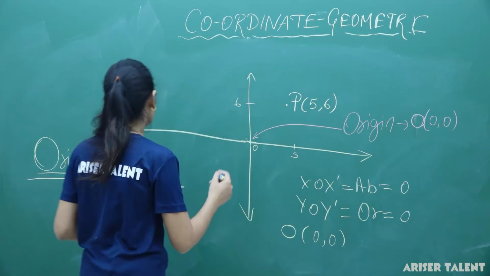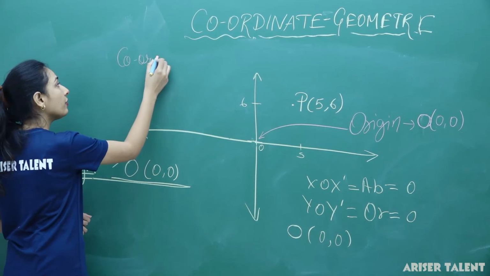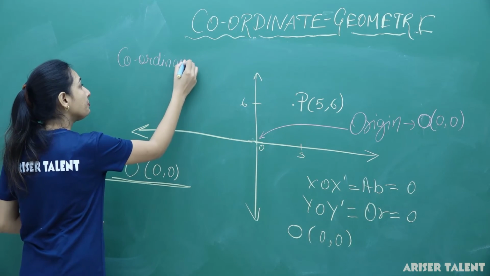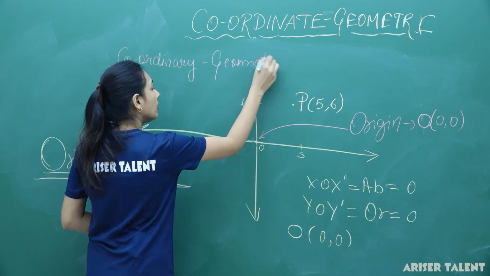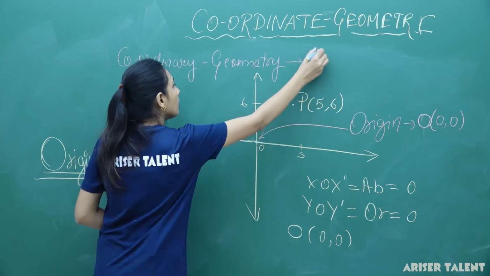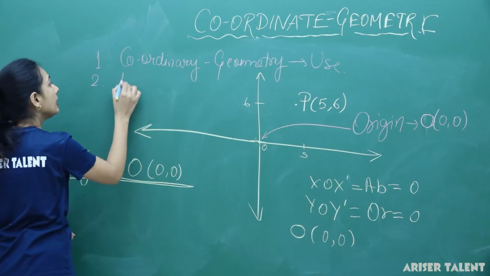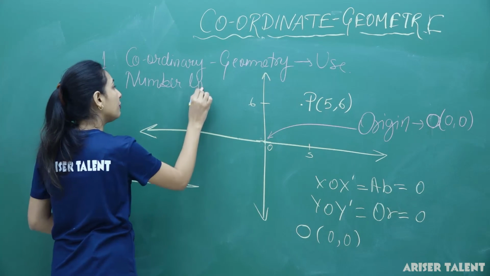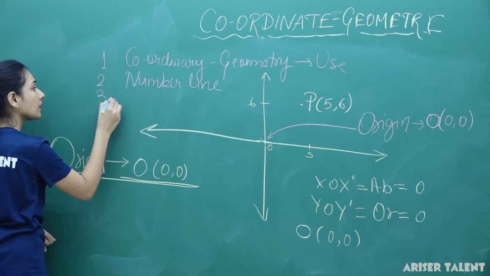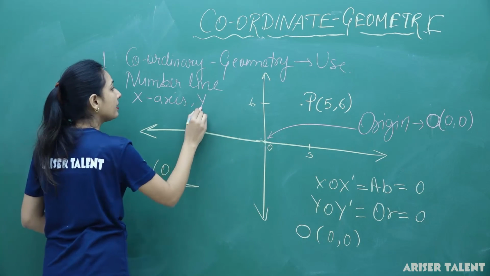So students, just revise what we have understood. We have understood coordinate geometry and why we are studying it. Then we moved towards the number line and how to draw a number line. After that, we understood the x-axis and y-axis.